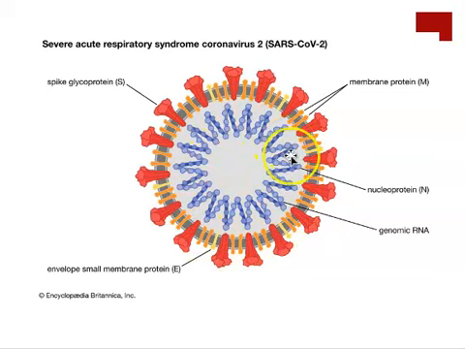The protein that surrounds the genetic material doesn't look like a shell so much as a coating around the genetic material. Each one of these small purple circles represents a unit of protein, a capsomere.